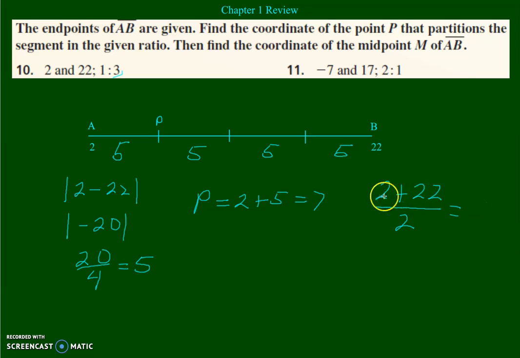That gives us 2 plus 22 is 24 divided by 2, which is 12. So the midpoint of this segment is going to be at 12. 12 is 2 plus 5 plus 5. So this is going to be point M, which is at 12.